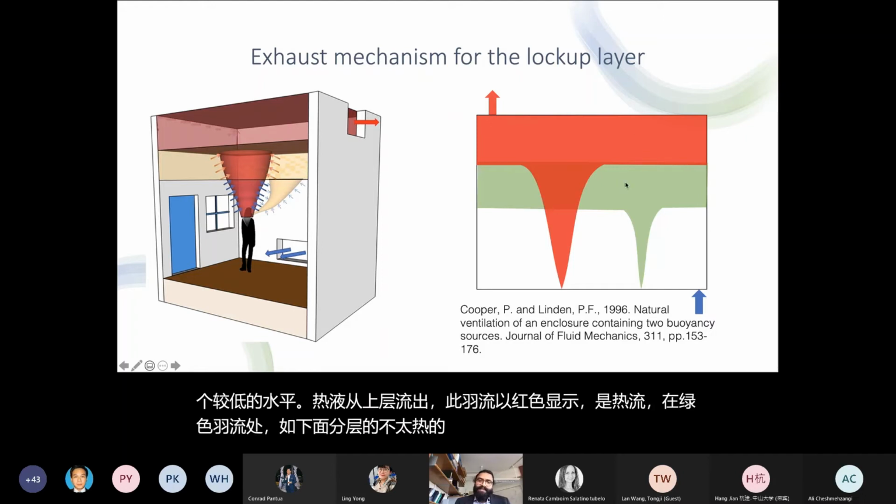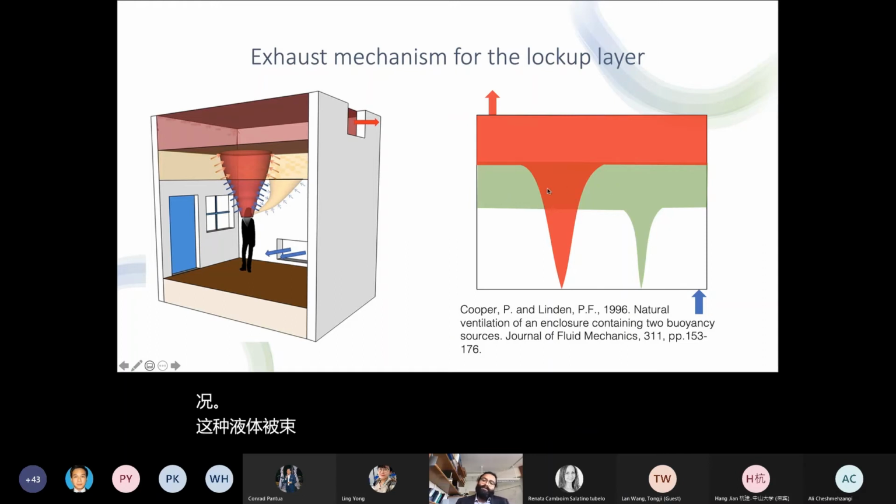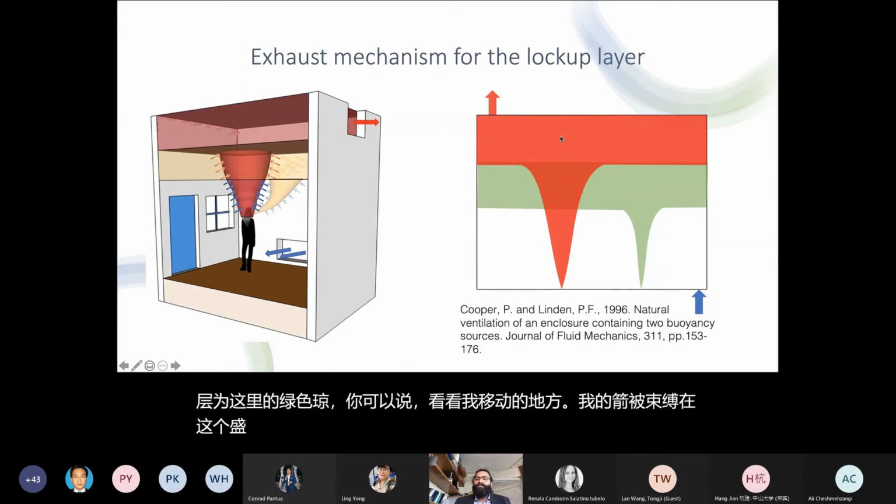And then essentially this fluid gets entrained into the hot plume, and then it is taken to the upper layer. So the lower second stratified zone, the green zone here, where I am moving my arrow, gets entrained into this plume, and then it can be removed from the space.